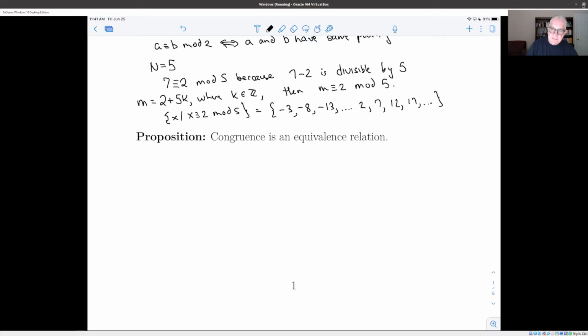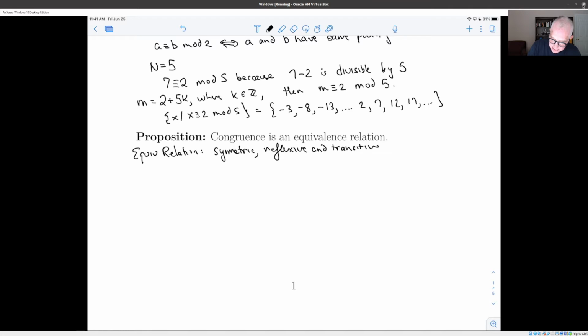This is part of the prerequisites for the course, but just as a quick reminder, an equivalence relation has 3 properties. It has to be symmetric, reflexive, and transitive.